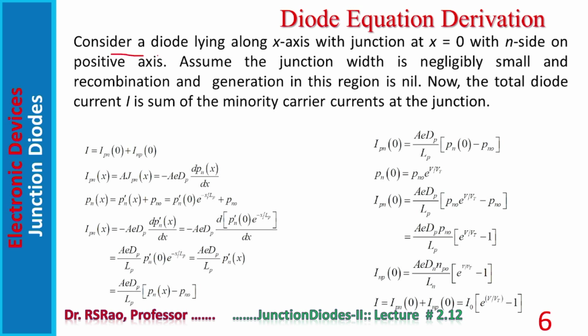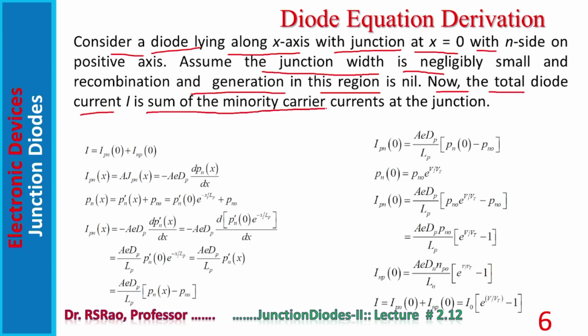Now, consider a diode lying along the x-axis with the junction at x equal to 0, with the N side on the positive axis. Assume the junction width is negligibly small and recombination and generation in this region is nil. Now the total diode current I is the sum of minority carrier currents at the junction.